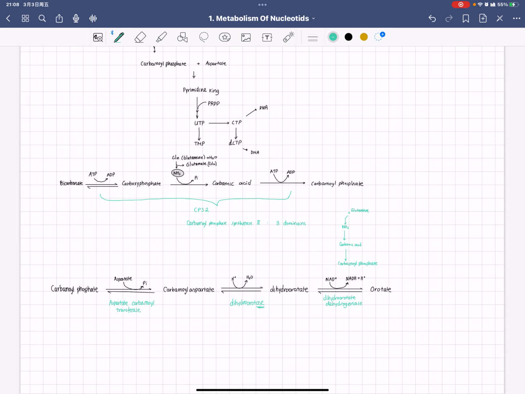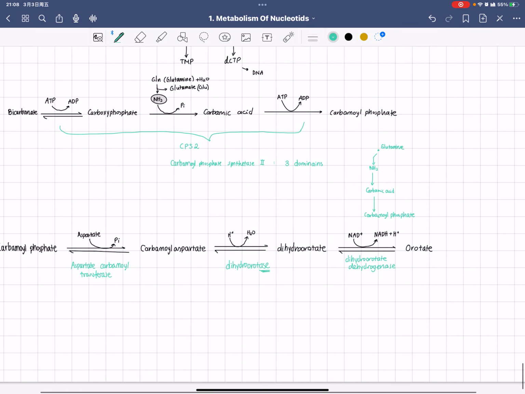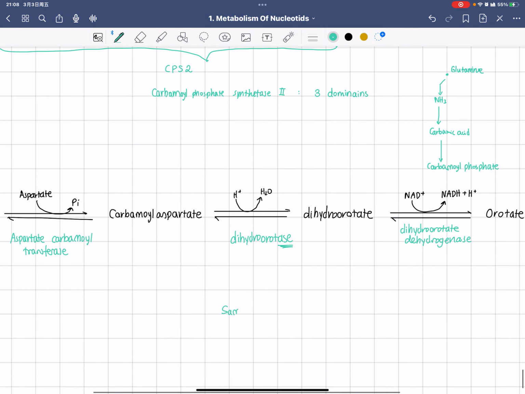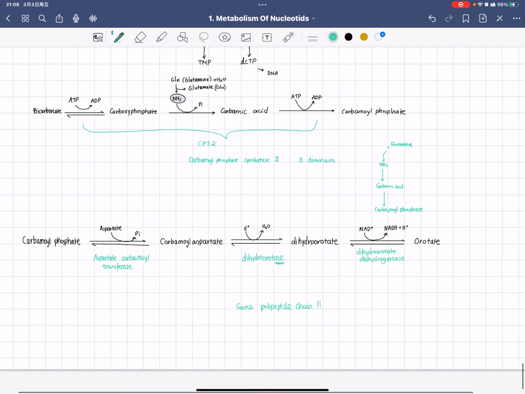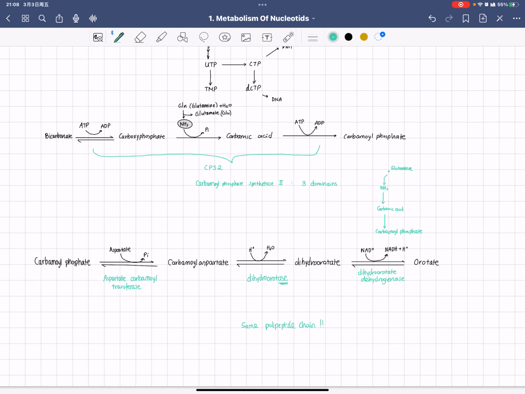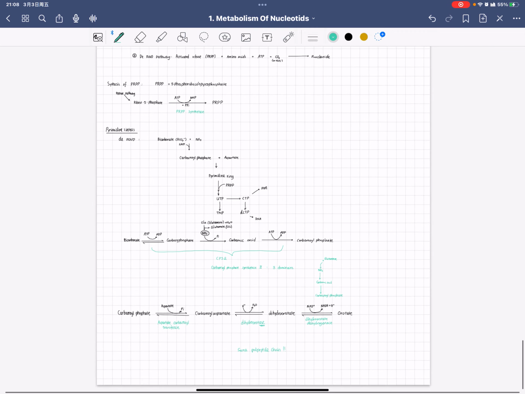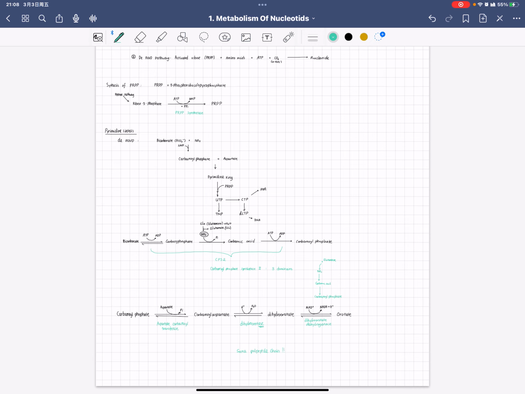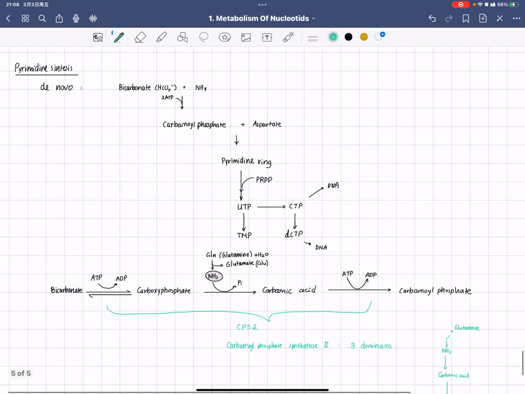Remember, same polypeptide chain. They are not individual polypeptide chains, they're just one chain of polypeptide. So guys, we're already done till here.